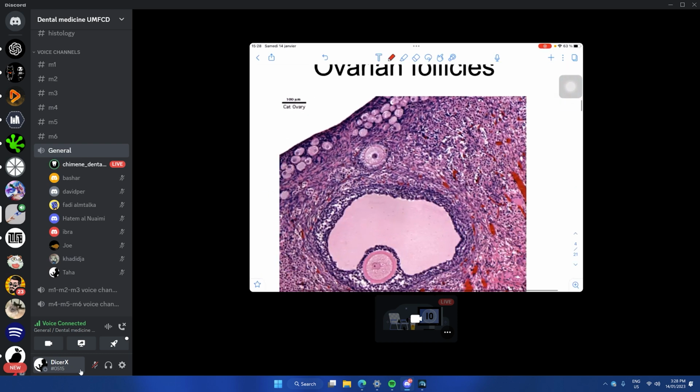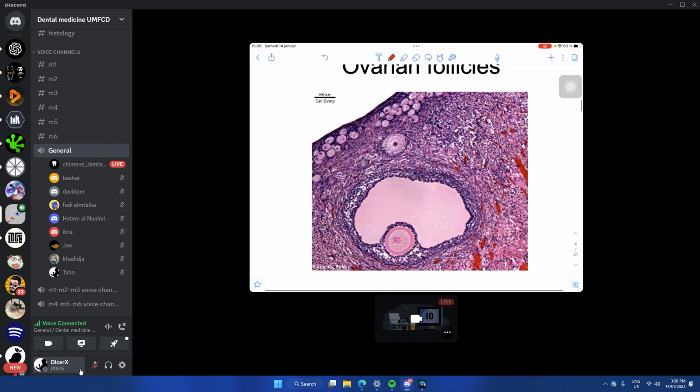Now another one. This is the same thing. This is a big follicle here, so we can say that this is a quaternary follicle. The same for this one here. You have the primordial follicle.